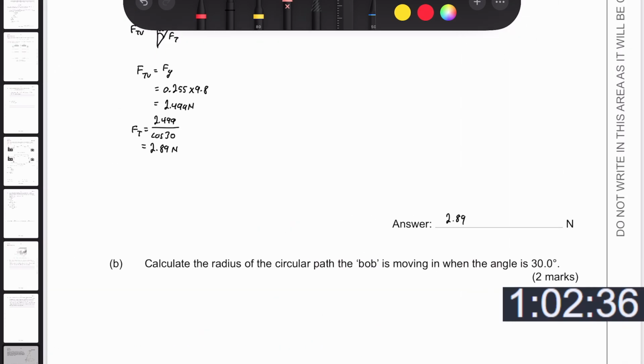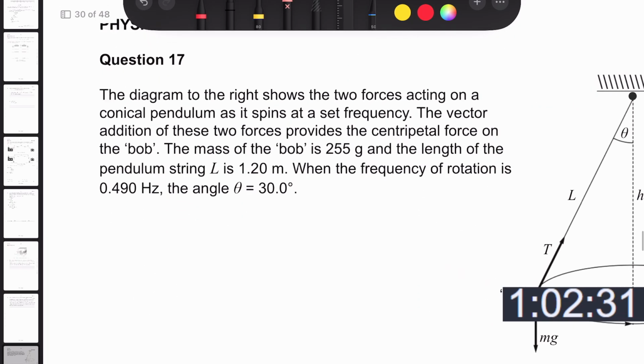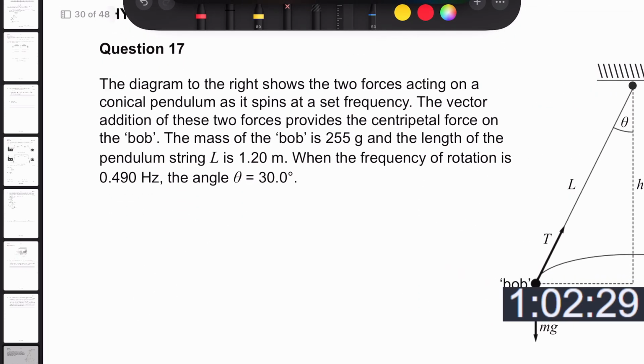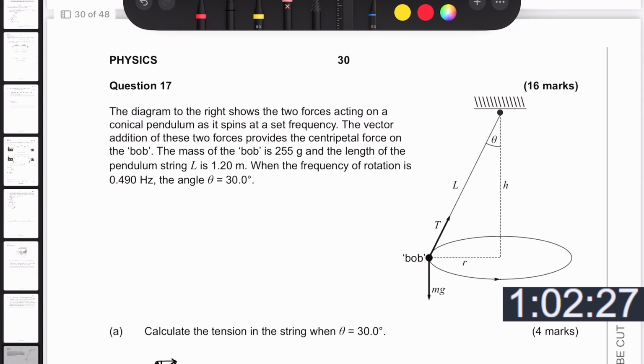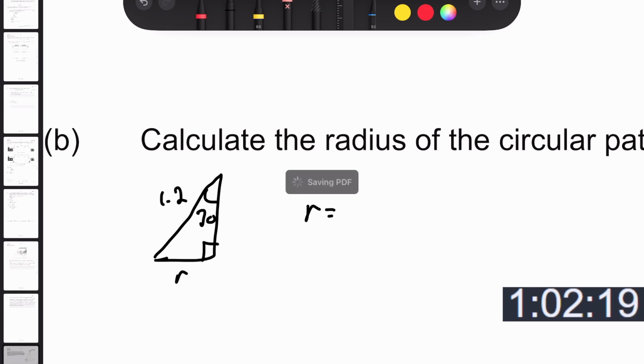Calculate the radius of the circular path it is moving in when the angle is 30 degrees. The length of the pendulum is 1.2. So we draw the triangle. This is 30, that's 1.2, and this is r. So the radius is going to be 1.2 sine of 30.